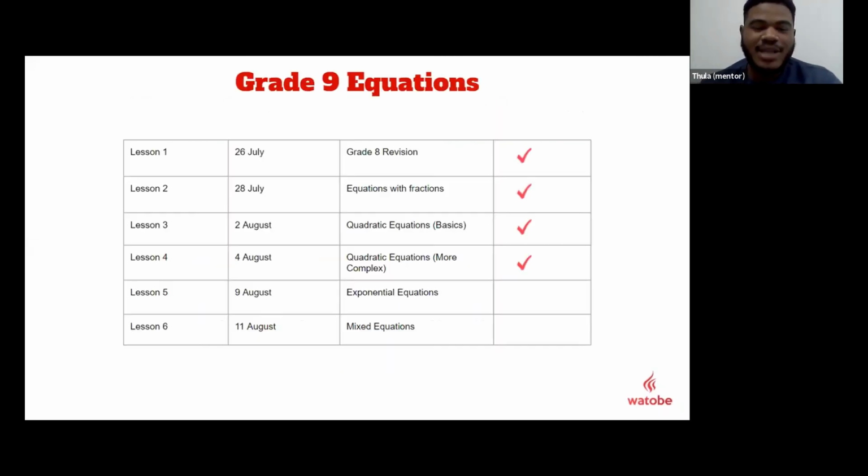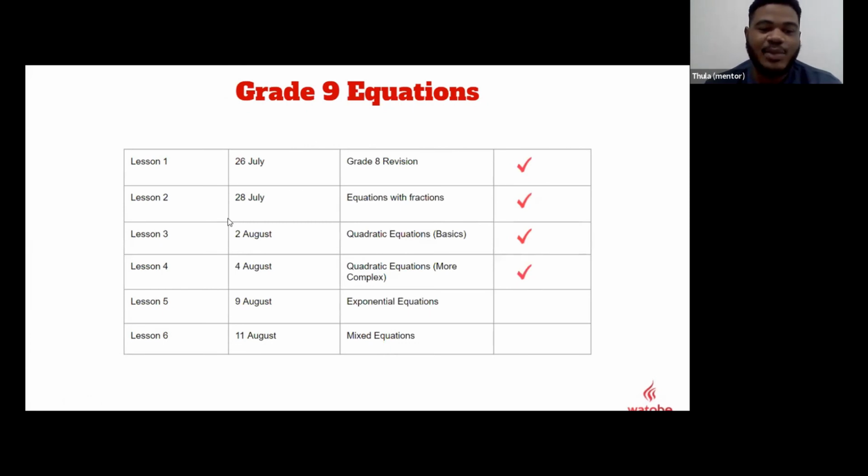So I just want to remind everyone that this is how far we've come on our series for these equation lessons, and we only have 2 more. So we have one on the 9th and one on the 11th, and we'll be covering exponential equations and then mixed equations. So make sure you pull through for those. And of course, this is not everything that we'll be doing.